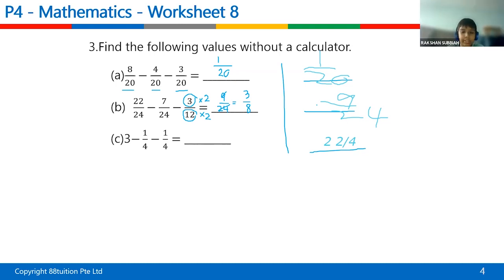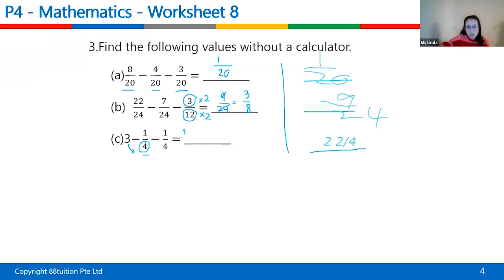Last one is so easy. So you got the last one, 3 whole minus 1/4 minus 1/4. Now, in this case you see 1/4 and 1/4, you need to take one whole number out into the same denominator as what you have here.